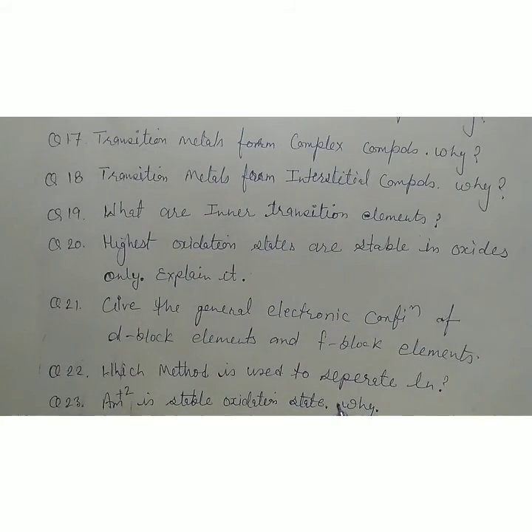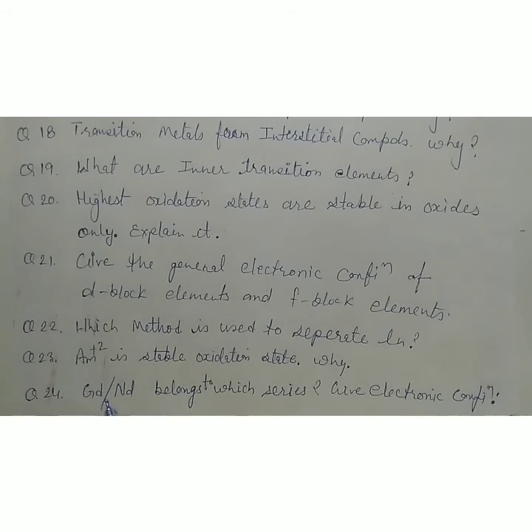Americium: Am+2 is a very stable oxidation state compared to +3. Why? And the last question is, gadolinium or neodymium belongs to which series: 4d, 5d series, or 6d series, or 4f series, or 5f series? Which series? Give electronic configuration also.